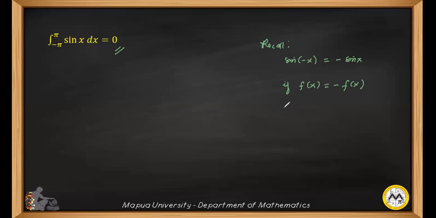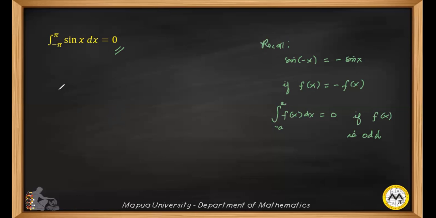And recall that there is a theorem on even and odd functions that the integral of f of x dx from negative a to positive a is equal to 0 if f of x is odd. Since sine of x is an odd function, then the integral is equal to 0.